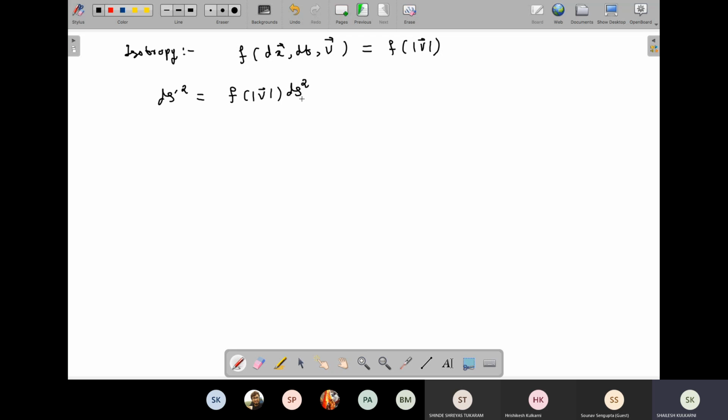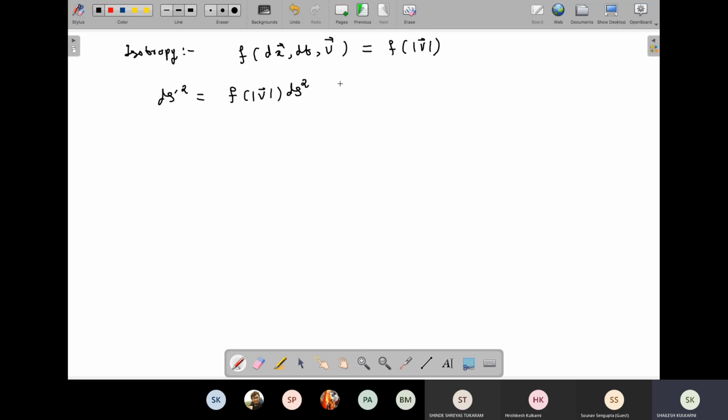If ds for a light signal is 0, then ds prime is 0, and these two are differentials of the same order. Velocity is not a differential, velocity is just a constant, your constant relative velocity. When I write magnitude, I should say speed. Clear? So this is what we have.